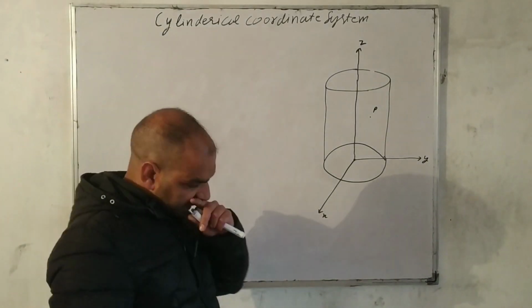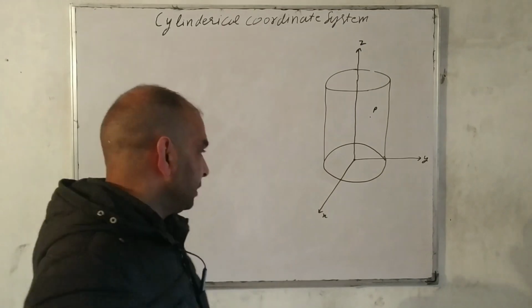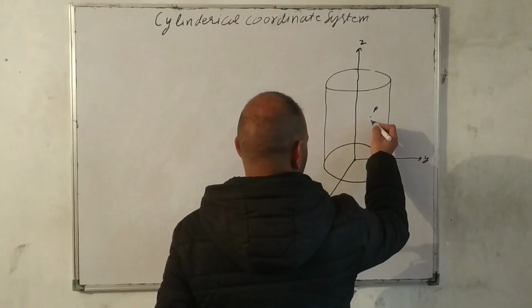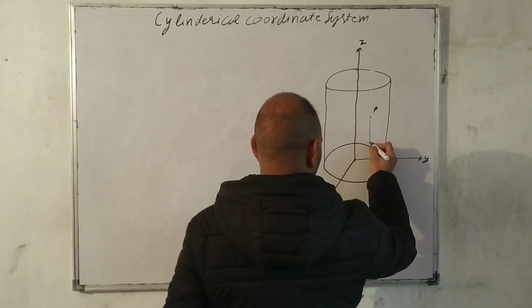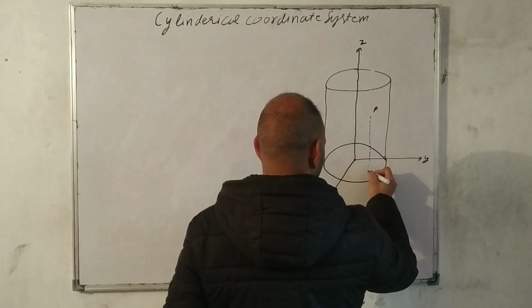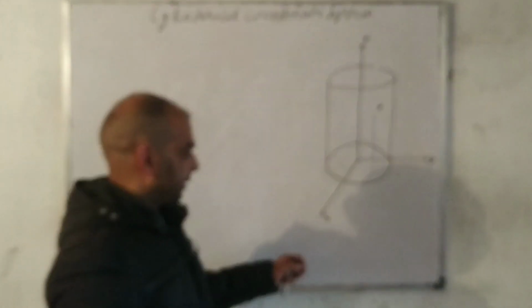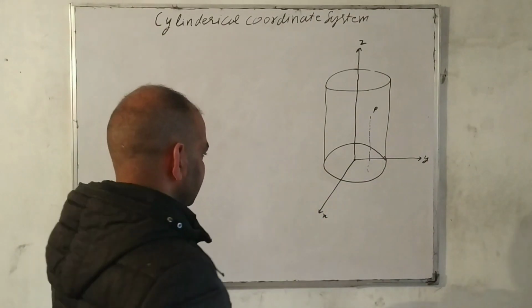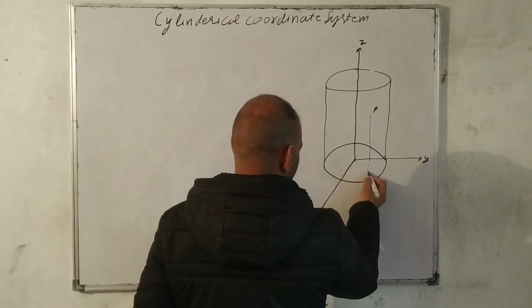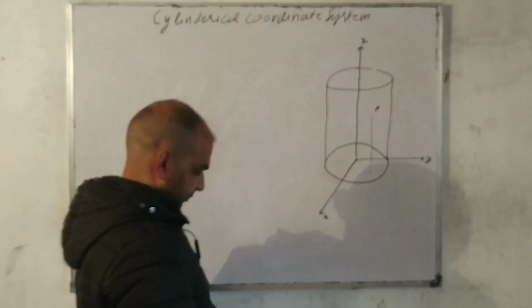Same way we did in the Cartesian coordinate system, we will draw a normal from point P to the xy plane, that is, to the base of the cylinder. So it is meeting the xy plane at this particular point.